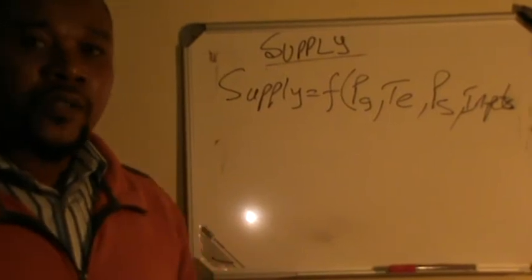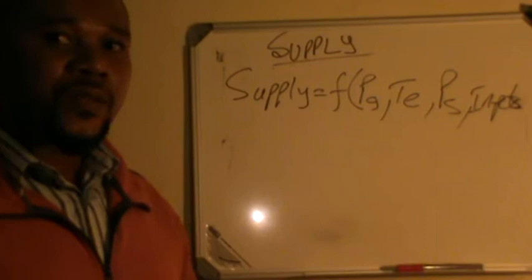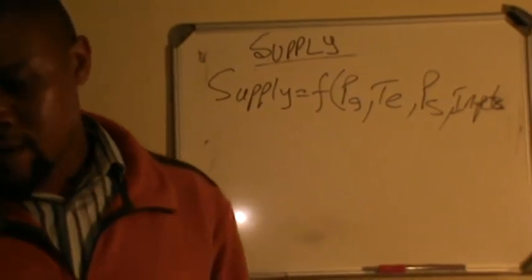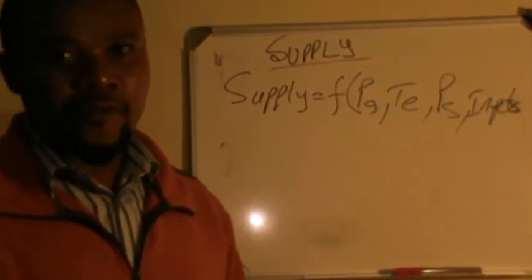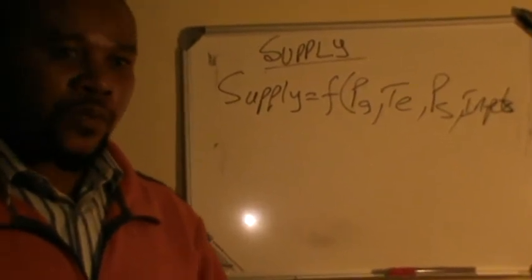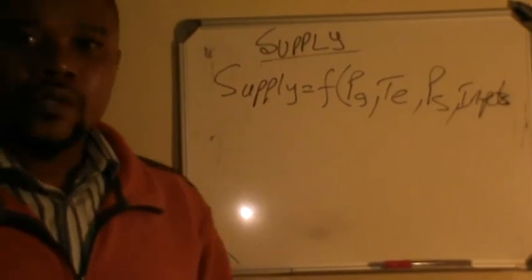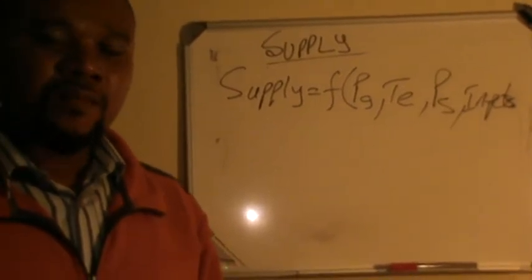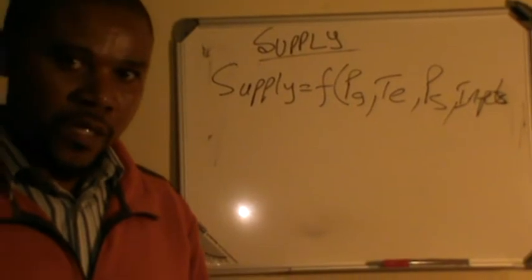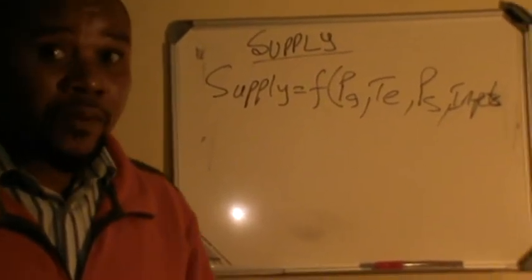Like we talked about future expectations in terms of consumers, it is also the case that the future prices of particular goods determine whether suppliers or producers would supply more of a particular good or not. So you would want to invest in supplying a particular good that you expect its prices to go up.